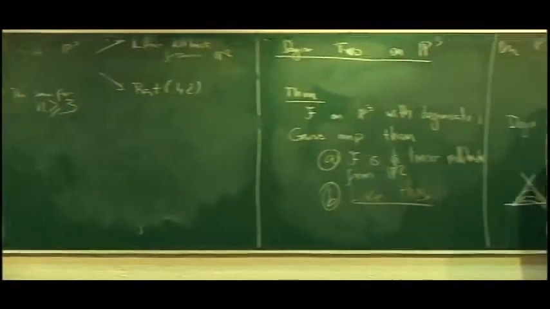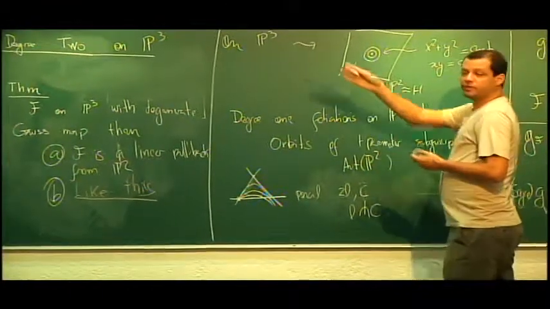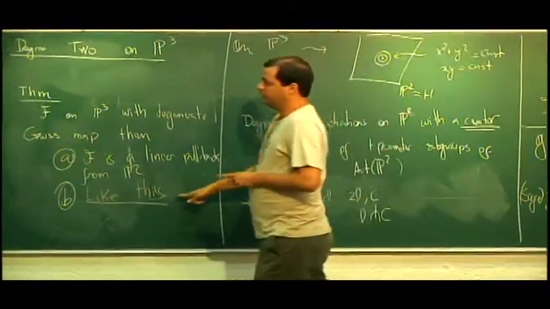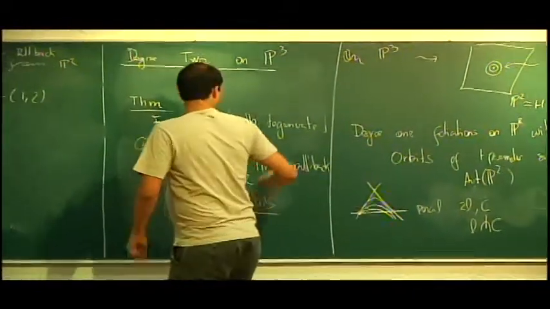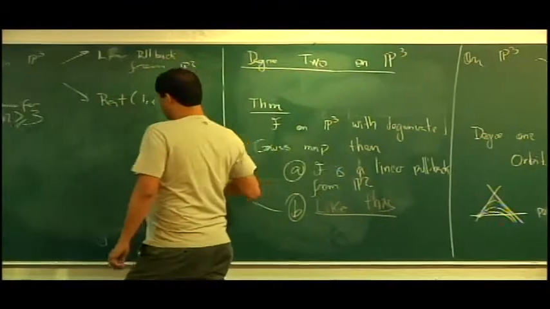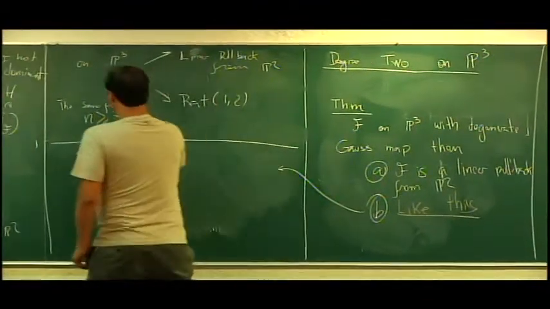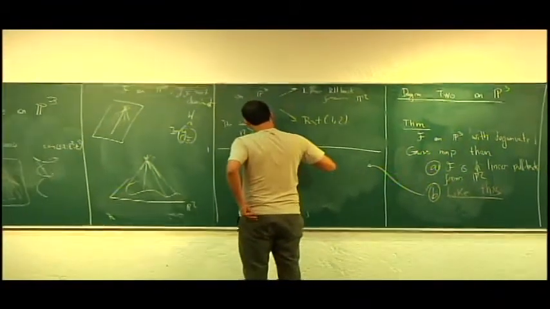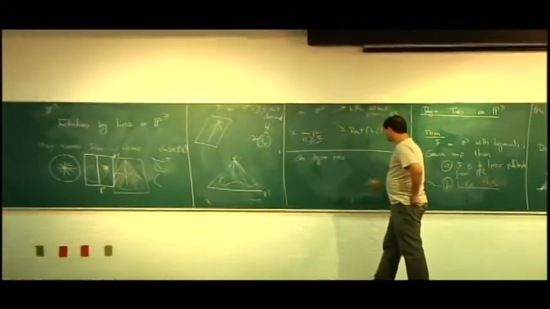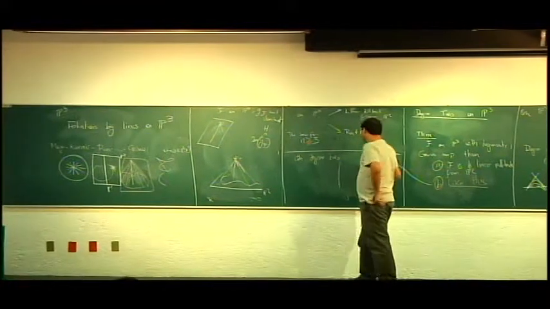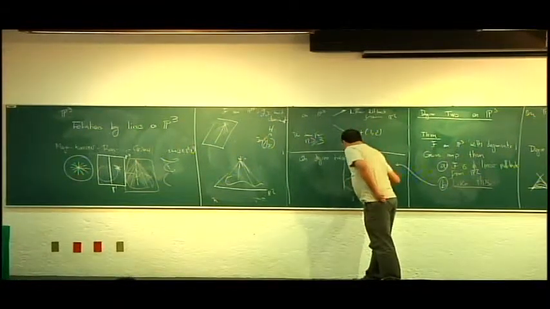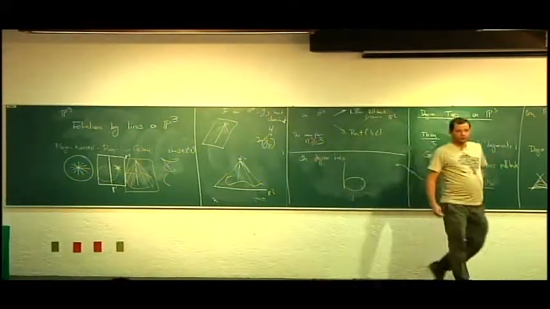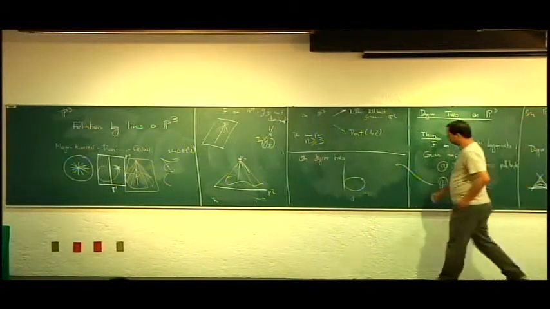And the funny thing is that in degree 2, they can show that there is only one possibility: a foliation by lines given by a line and a conic tangent to it.